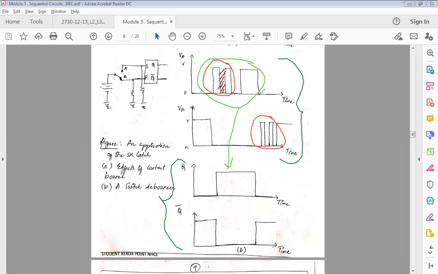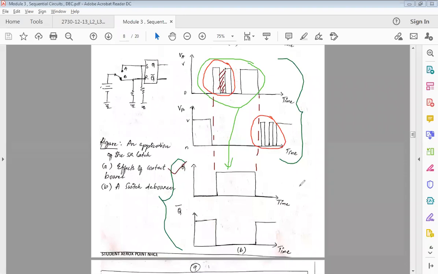So if you just put a dotted line, you will be able to understand. So the whole thing is taken as my high pulse. And this is about your Q, right?